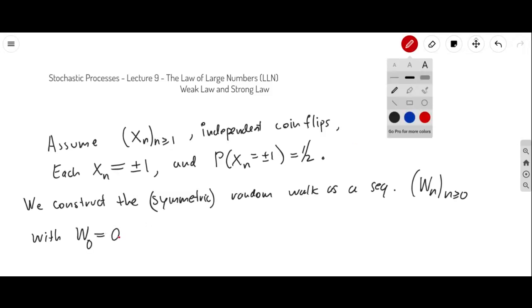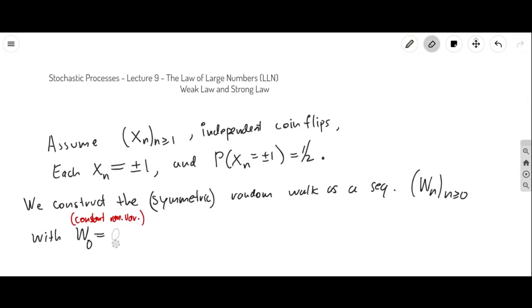So this is just a constant random variable. So this is just a random variable that assigns 0 to each sample point. All of these random variables are defined on the same sample space. And Wn would then be, you would start at W0, and then you would add coin flips. So you're taking random steps to the left and to the right, and you're taking n of them.